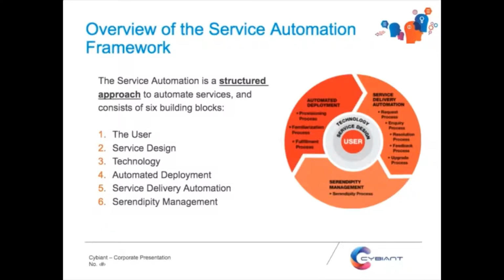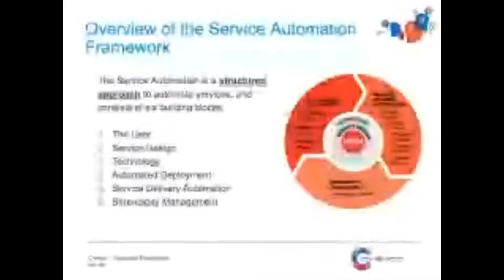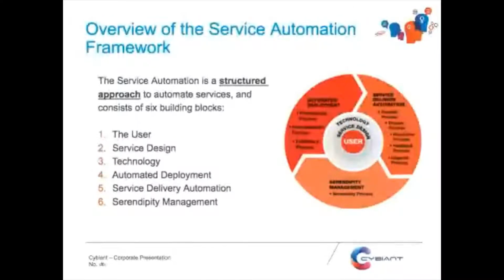The three outer building blocks that you see have all to do with processes. Because a service is always process-oriented, you need to still provide support, very similar to other methodologies like ITIL or IT service management. Things can happen while a service is being delivered. Think about the example of Grab that I gave earlier.